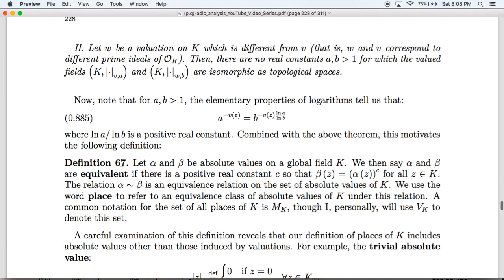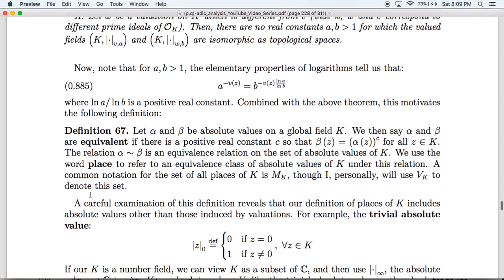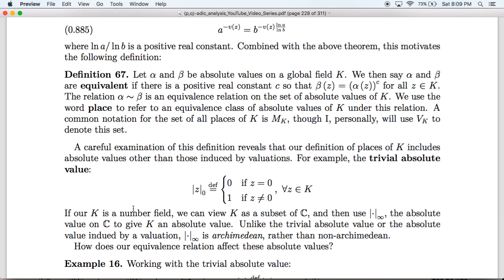But this formulation of places doesn't say anything about considering only non-Archimedean absolute values. And that's very significant, because in the actual case we have three possibilities for our absolute value. First, there's the trivial absolute value, which assigns size 0 to 0 and assigns all other elements of k a size 1.